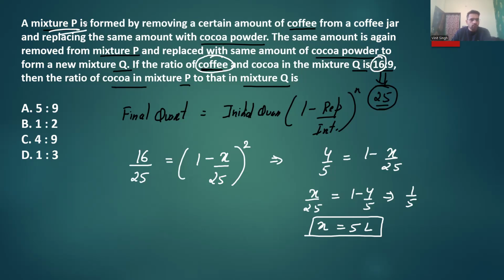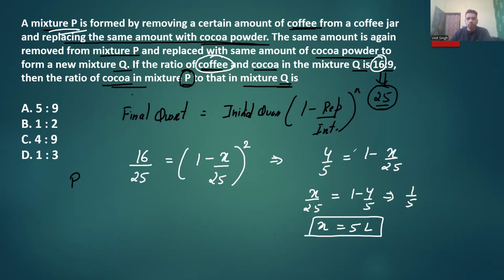Now we have to find out how much cocoa is remaining after the second replacement. We have to find the cocoa in mixture P and in mixture Q. So first of all, the mixture is P. P is formed when a certain amount of coffee from a coffee jar is replaced with the same amount of cocoa powder.